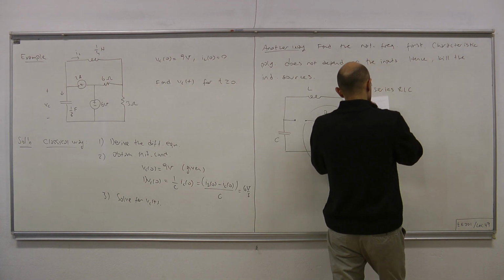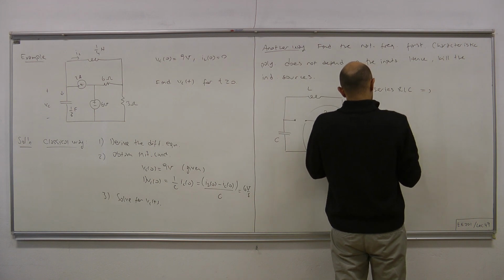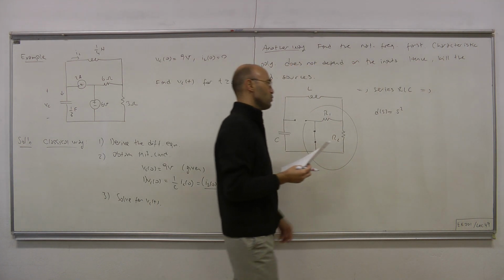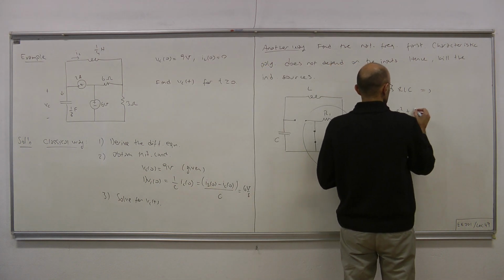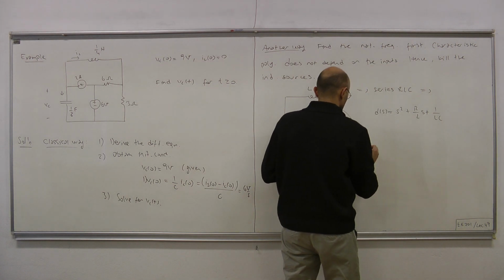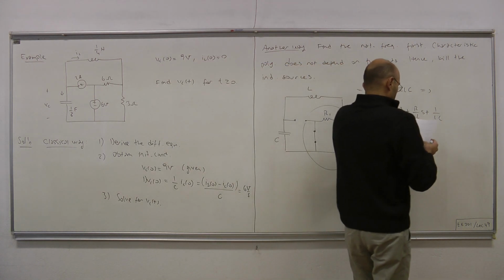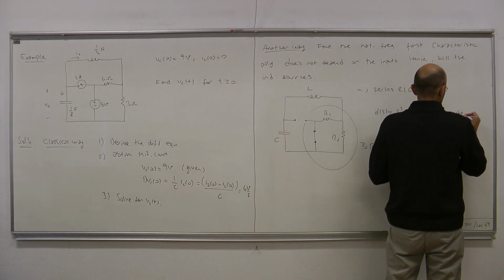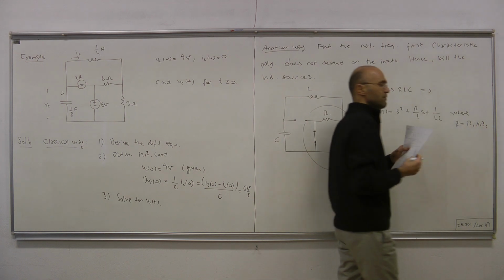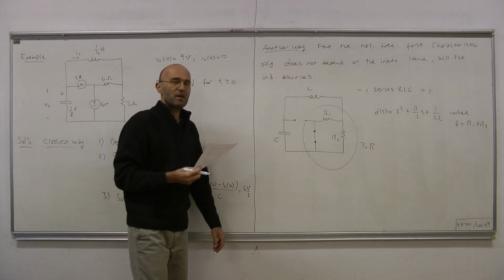series RLC topology, that is, D of s, the characteristic polynomial, equals s squared plus R over L s plus 1 over LC. Where R equals the effective resistance, which we compute by parallel summing R1 and R2.